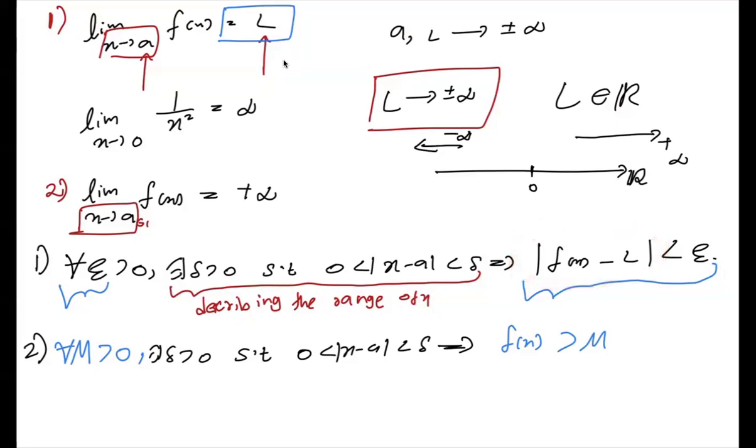We are simply saying, give me any arbitrarily large positive number M, and I can find a delta where your x is between a minus delta and a plus delta, within this range except x equal to a, and your function within that range is greater than this arbitrarily large value. Is that clear up to this point? Is it clear, or do I need to explain it again?